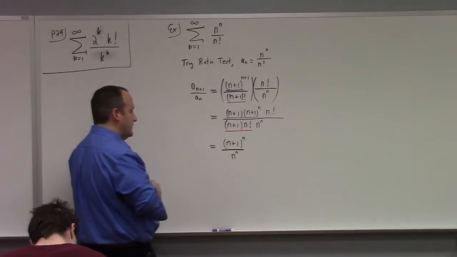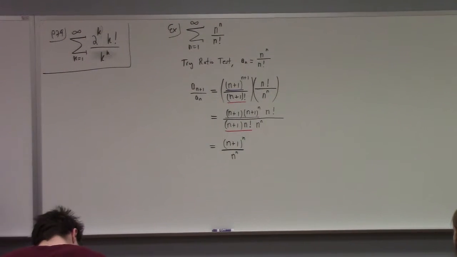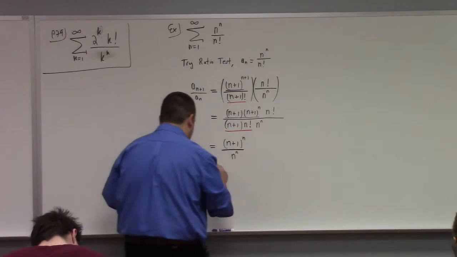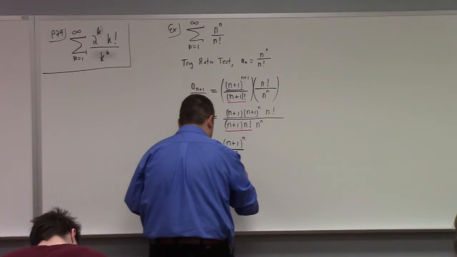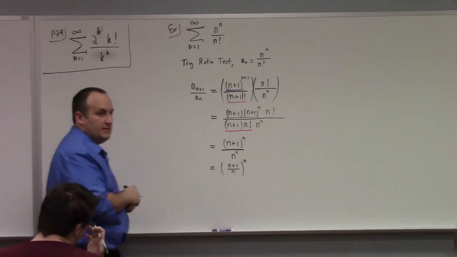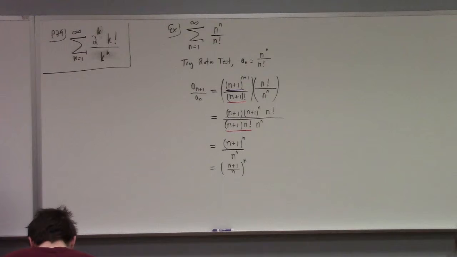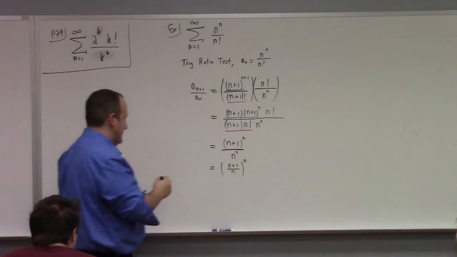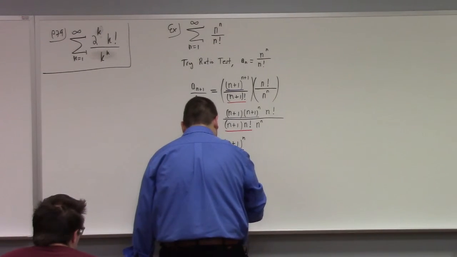Aha! Well, now I have things of the same power, right? So I can use laws of exponents to combine them into a single fraction. n plus 1 over n to the n. Yeah. And then I can use, oh man, oh, well, this is the worst.